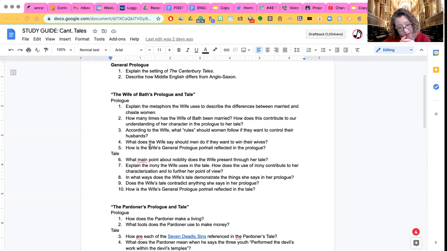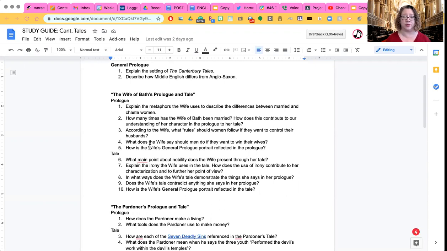And how does it contribute to her characterization? Well, we saw in her prologue that the Wife of Bath is about taking control of men. She sees marriage as a control game, and she speaks about that in her prologue, and her tale backs that up because the knight has to learn a little bit of humility in order to tell the old woman that he accepts her decision, and he has to humble himself in that way.